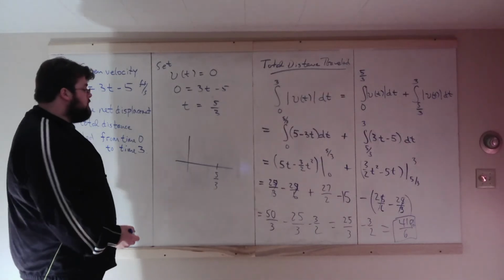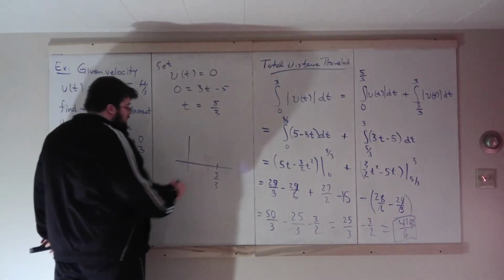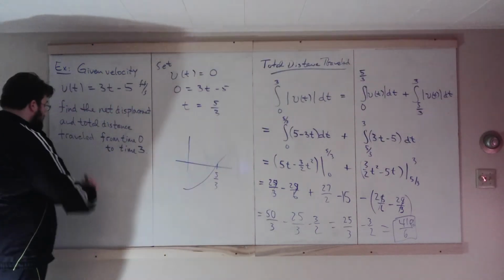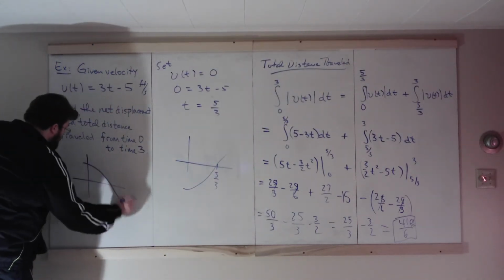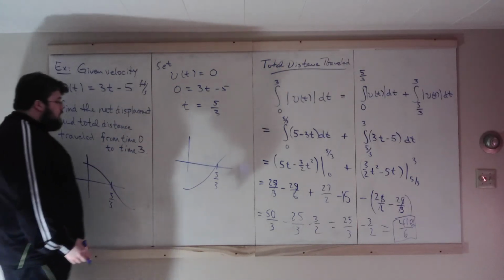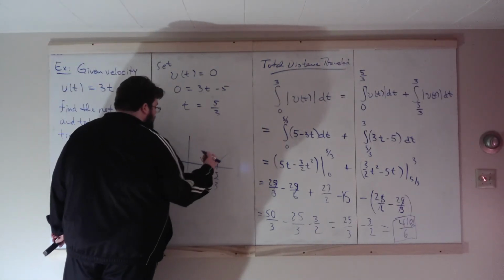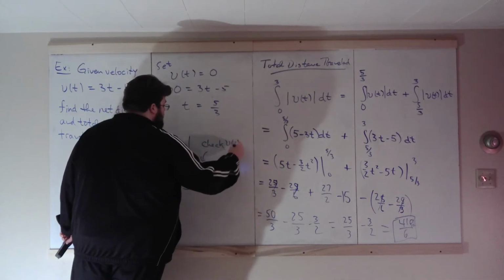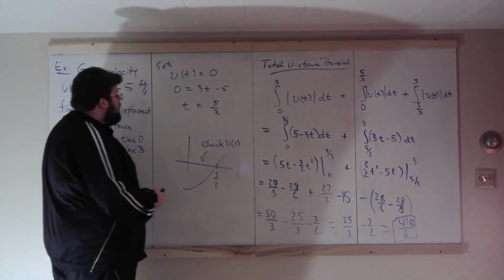Well, to do the absolute value, all we then need to find is if it's like that, or if it's like that. And to do that, all you need to do is check a couple points. So check velocity at, say, 1. You could use 0.